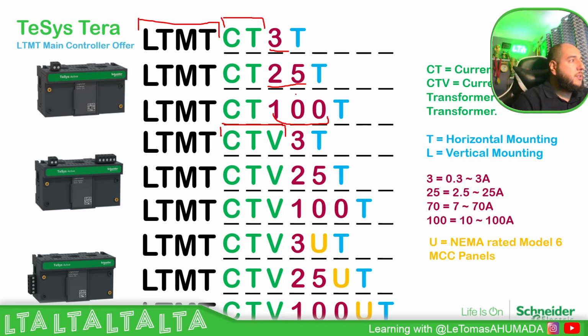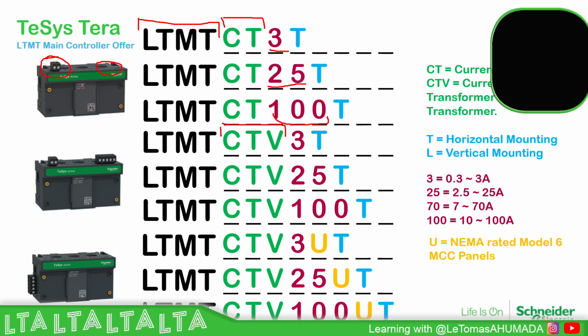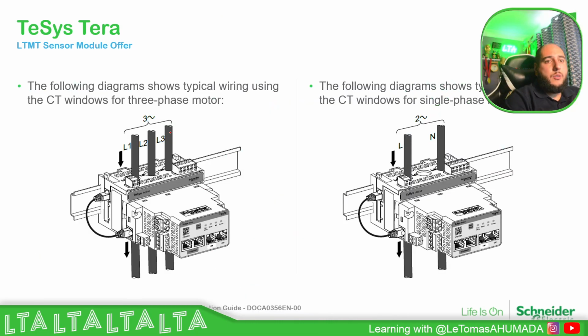Something that is different on this one is that if you have the one that comes with the voltage, here you cannot probably see it, but this is just for additional grounding. You don't have it on the CT version. But for the single phase, we probably need to double check how the wiring is.